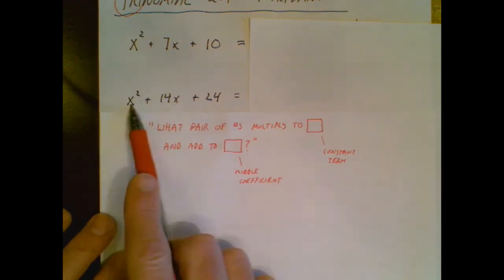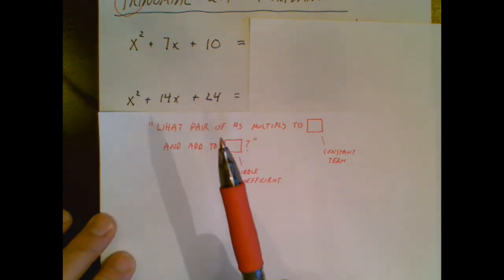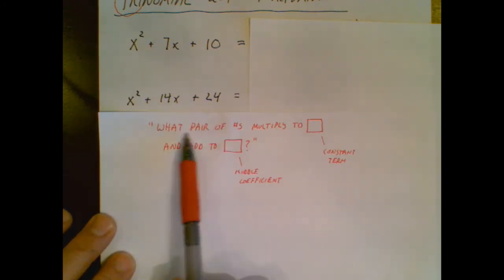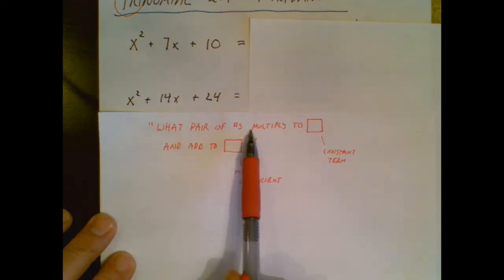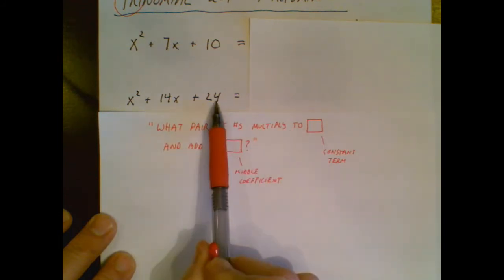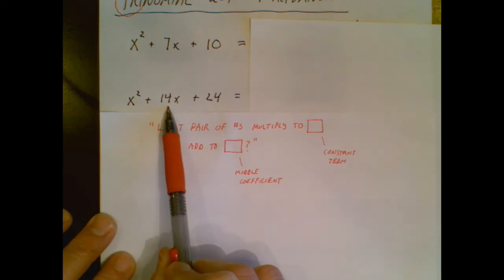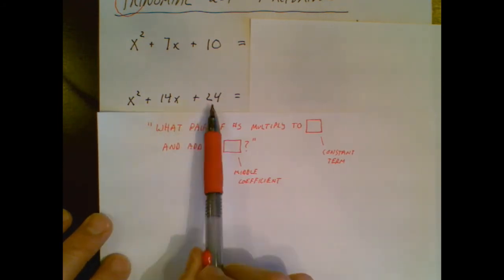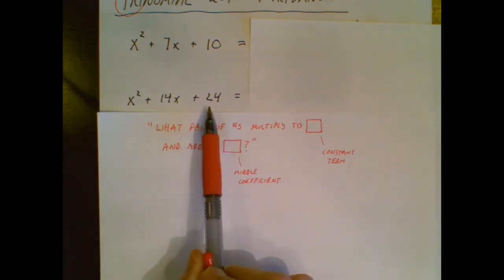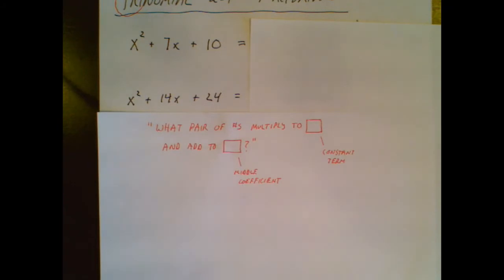Here's my next trinomial, and if I want to factor this, I have to ask myself, what pair of numbers multiply to equal 24 and then add to equal 14? Well, that means I need a list of all numbers I know of that multiply to 24.